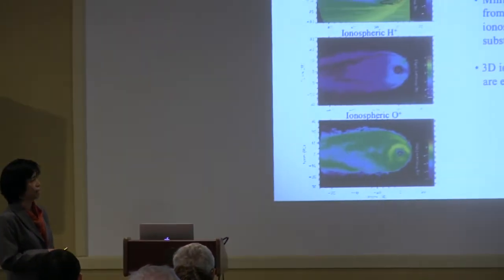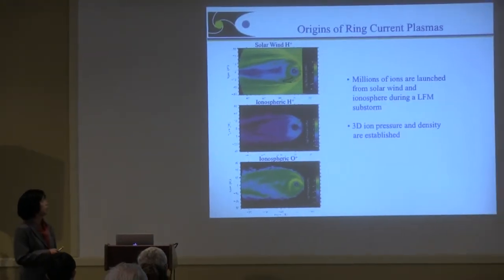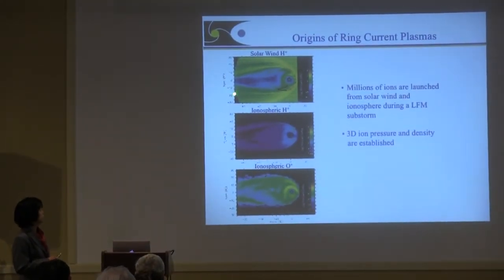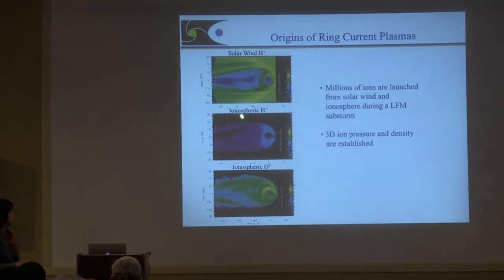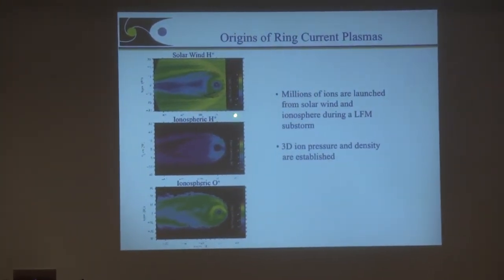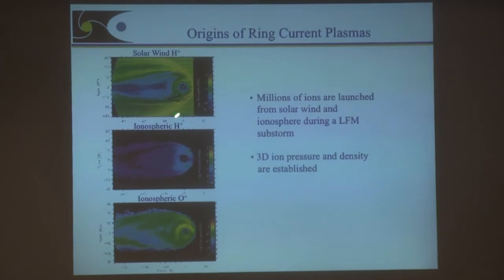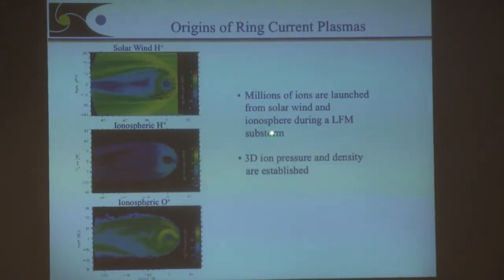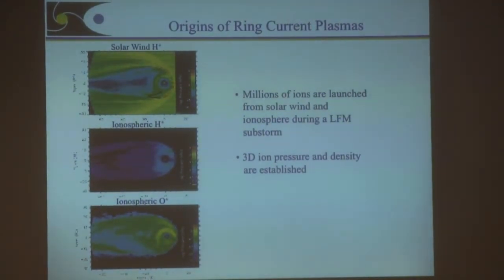This is some old work we have done with Tom, where we simulate how the ring current evolves during an LFM substorm. First we want to build up the boundary condition for the ring current, so we release particles from the solar wind, from the ionospheric H plus and ionospheric O plus.